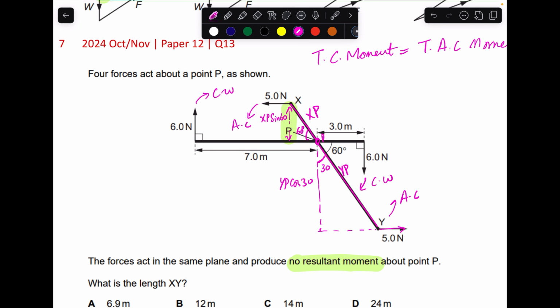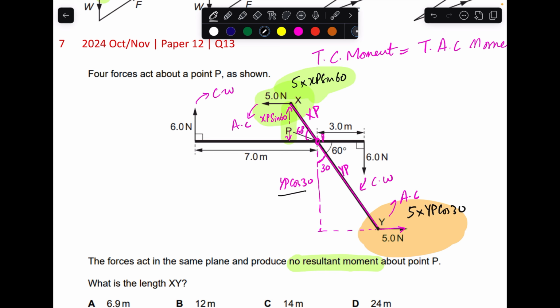For this moment, this moment is 5 into xp sine of 60. Okay, let me use different colors. And for this moment, the force is 5, so it is 5 into, distance is this, yp cos of 30.